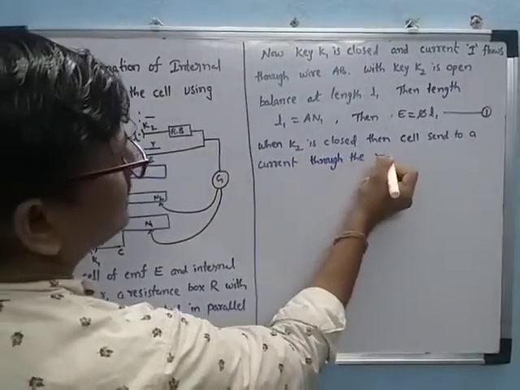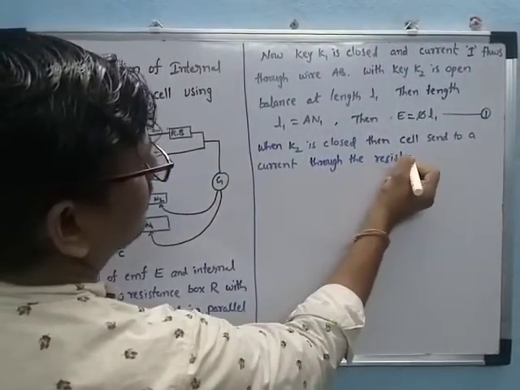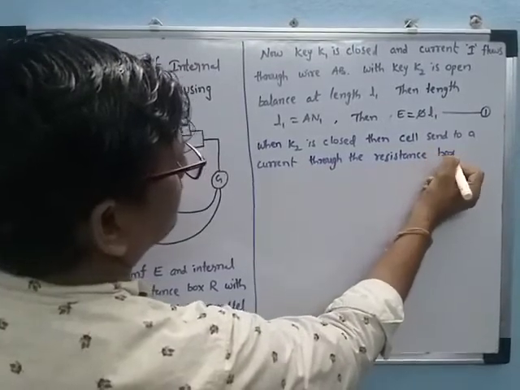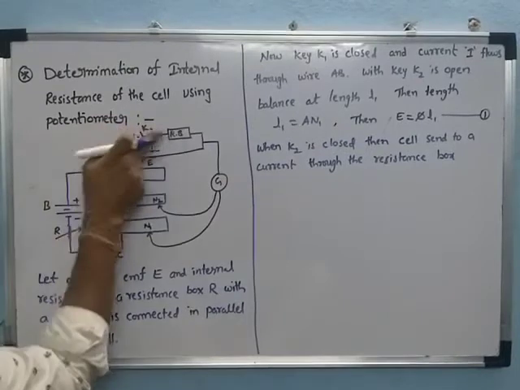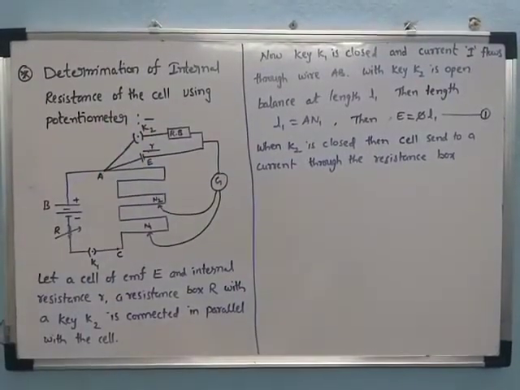When K2 is closed, the current flows through the resistance box.